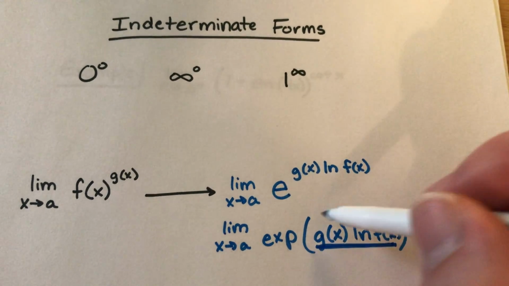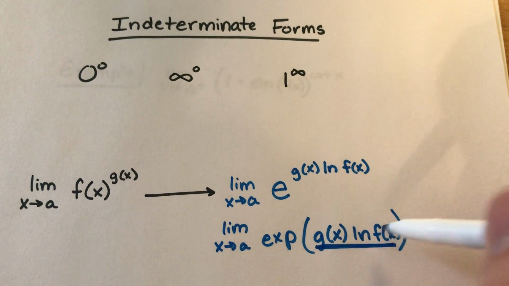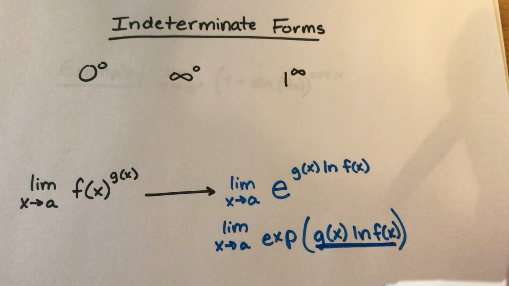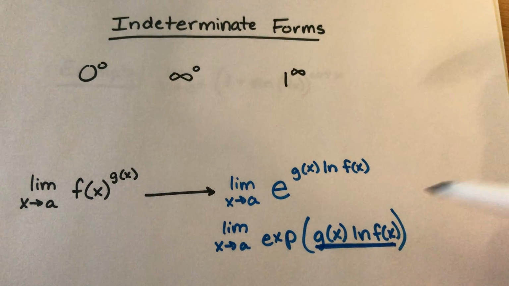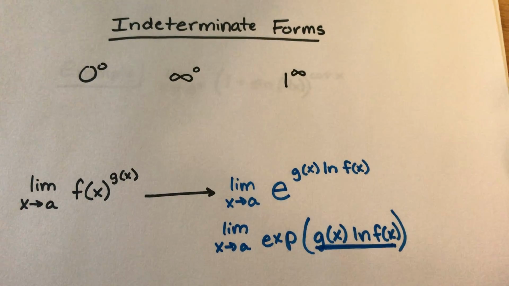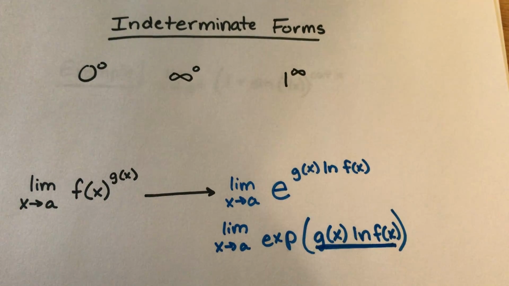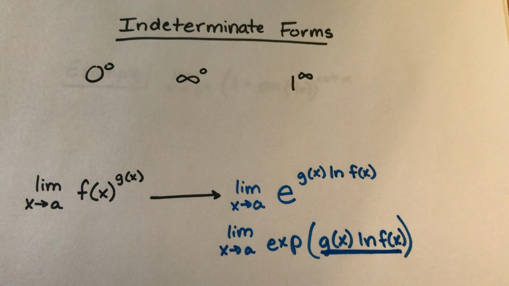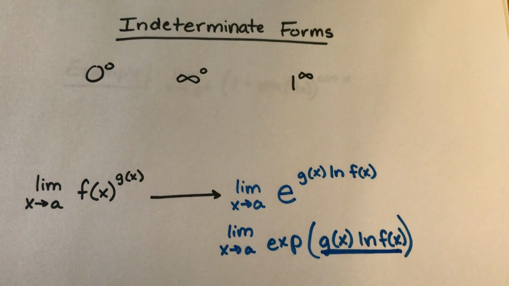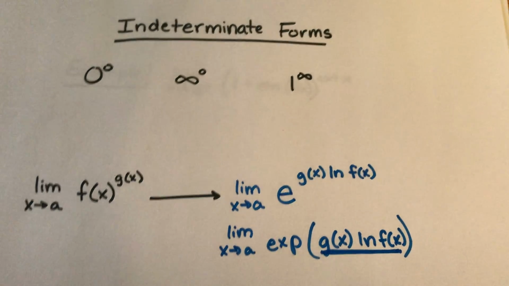This part right here in the parentheses, this argument, g of x times the natural log of f of x, is what we use for L'Hopital's rule. This is typically going to turn into some kind of a fraction in most cases, and that's where we can apply L'Hopital's rule, because again, L'Hopital's rule requires the use of fractions at some point in some way.